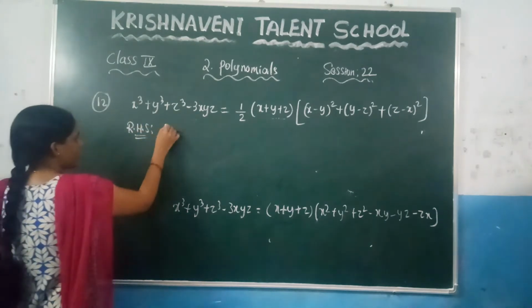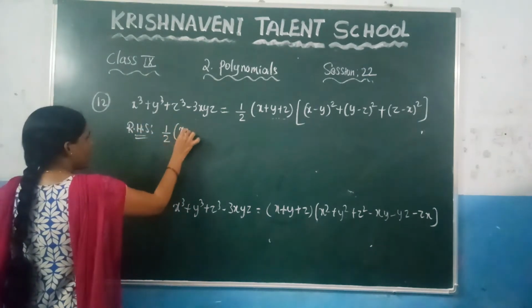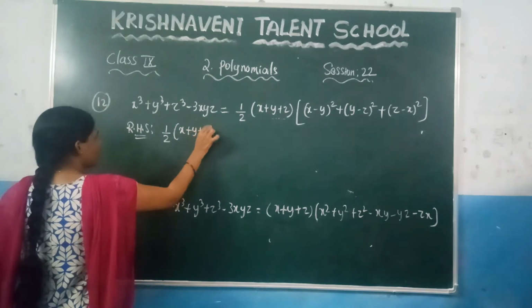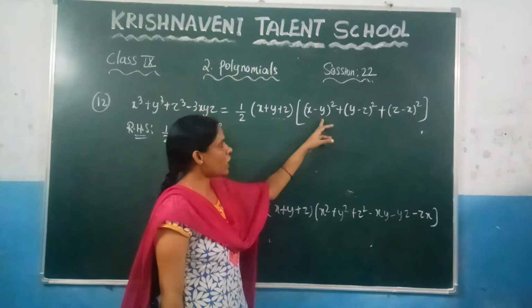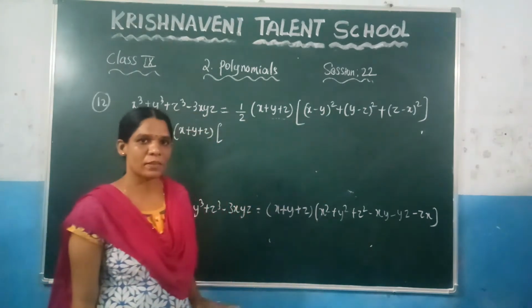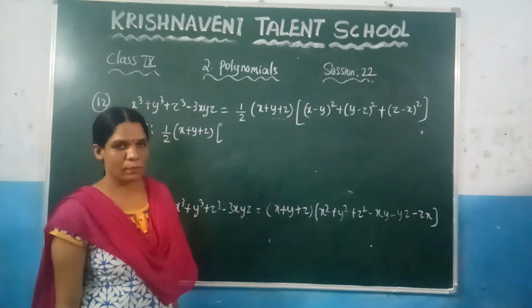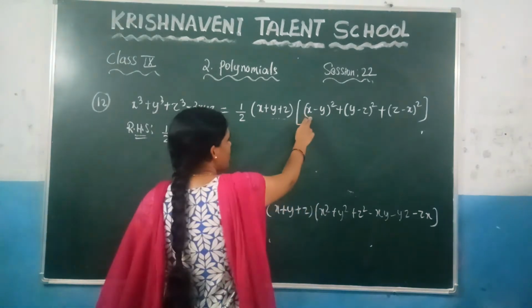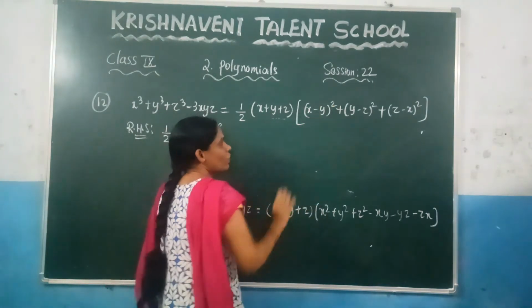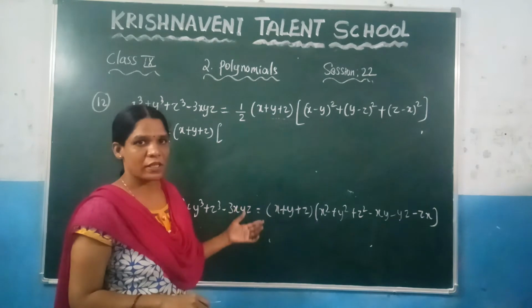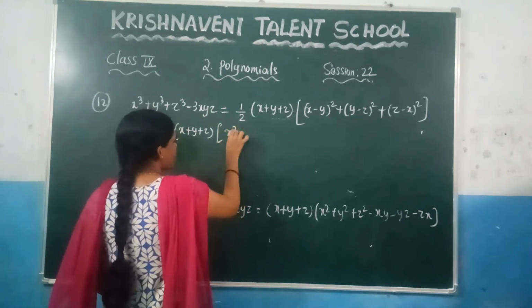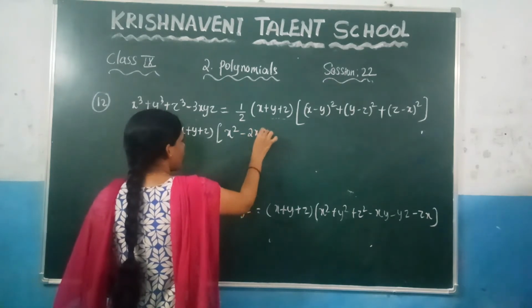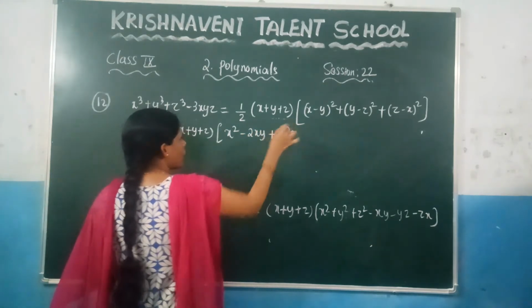What is RHS here, which is 1 by 2 into x plus y plus z into, so here expand this one. You know that the value of a minus b whole square is a square minus 2ab plus b square. So expand x minus y whole square, which is x square minus 2xy plus y square.